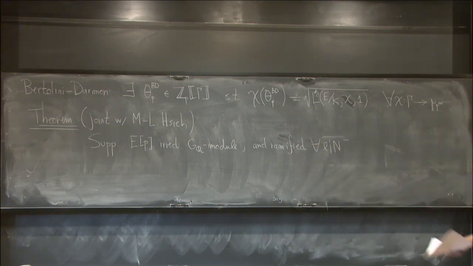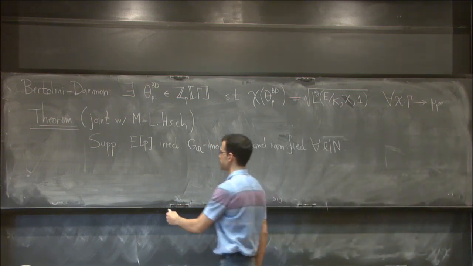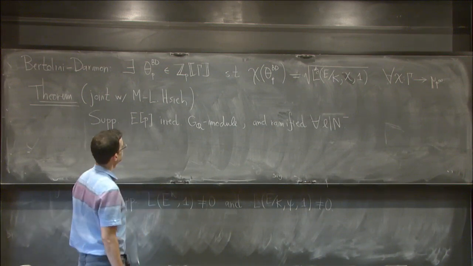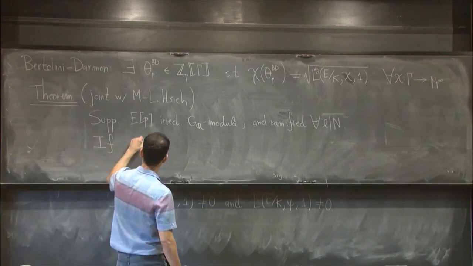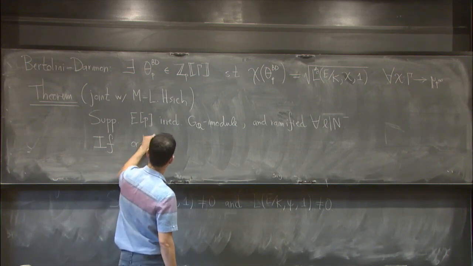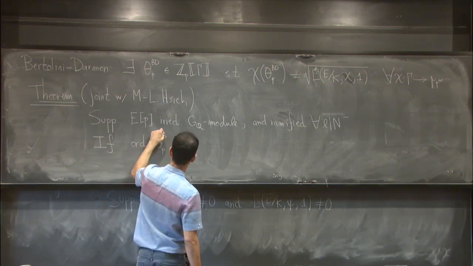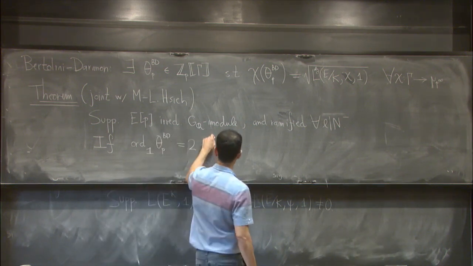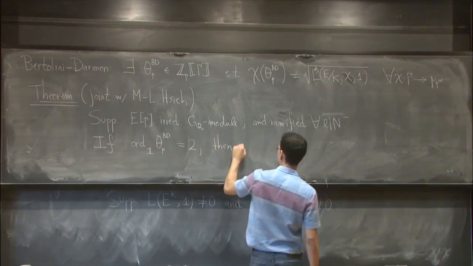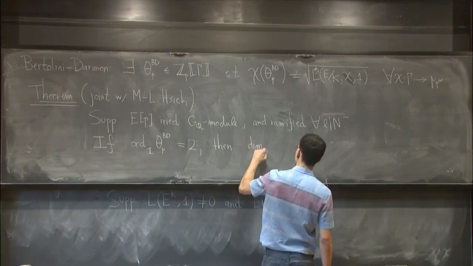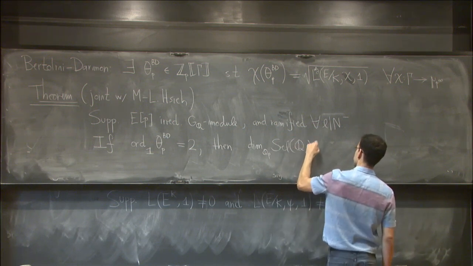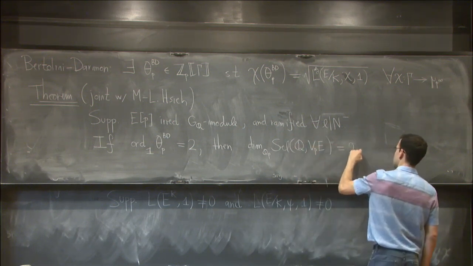Remember, N minus were the primes which are factors of N which are inert in K. So if this element vanishes to order precisely 2 at the trivial character, then the dimension of this p-adic Selmer group is 2.